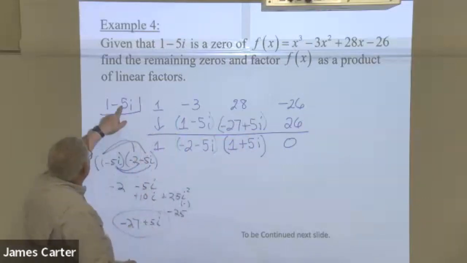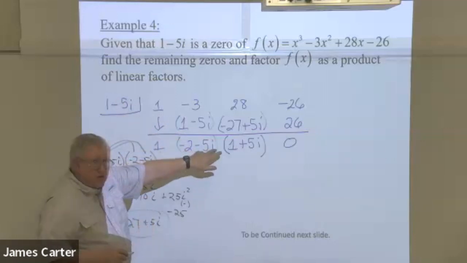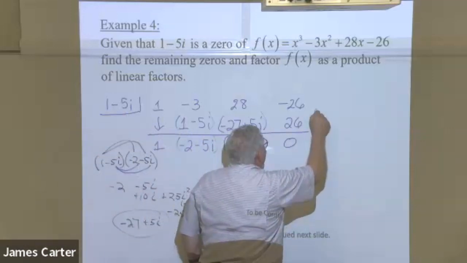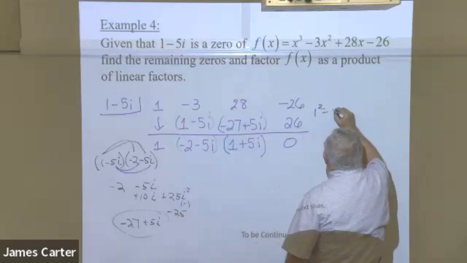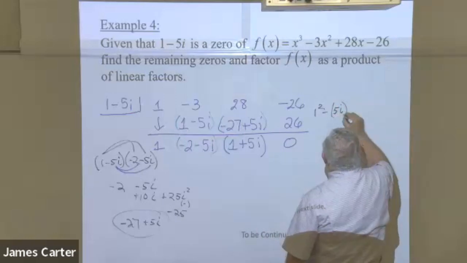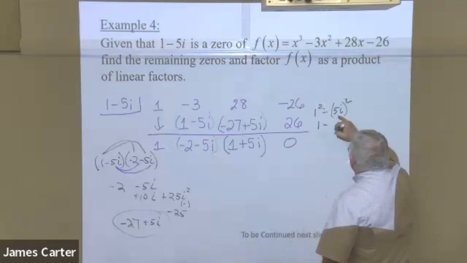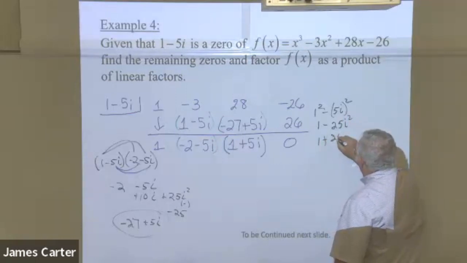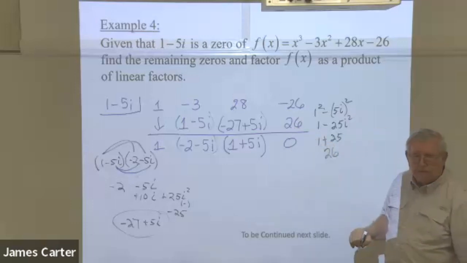Now we got to do this same business again. That times that. Okay, those two are conjugates, so that one's actually easy. We're going to get first term squared minus last term squared, which is 1 minus, in this case, 25i squared, which is 1 plus 25, or 26, is how that came about.